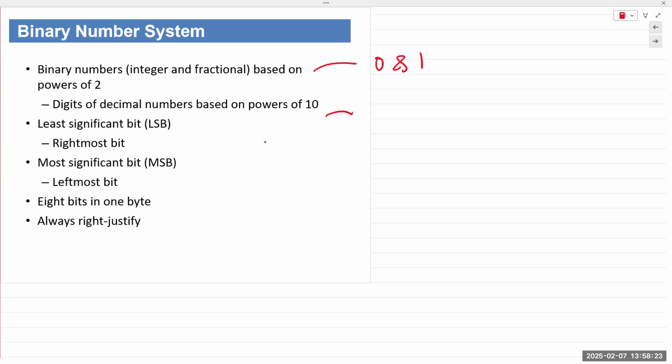Decimal number systems are based on powers of 10, so 0 to 9, of course. And then all the standard rules still apply. You have the least significant bit, you have the most significant bit. Each bit can store 1 unit of data.